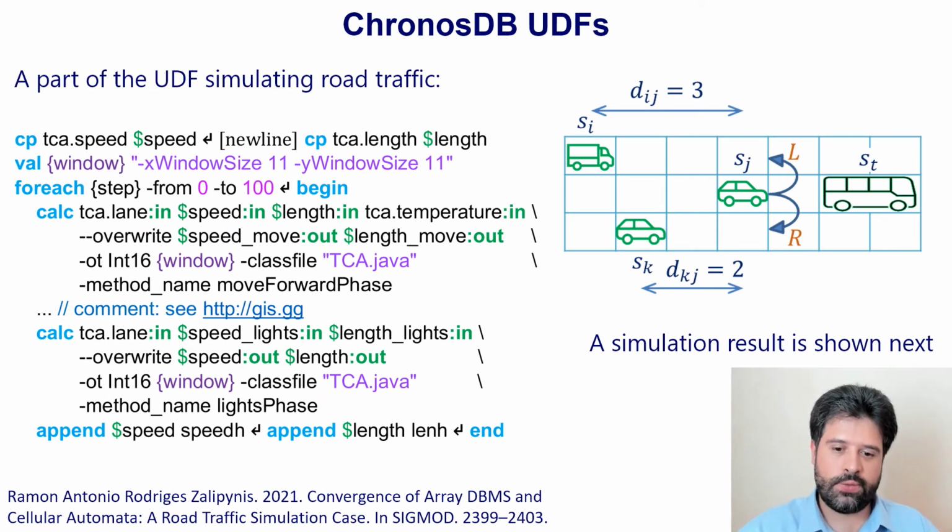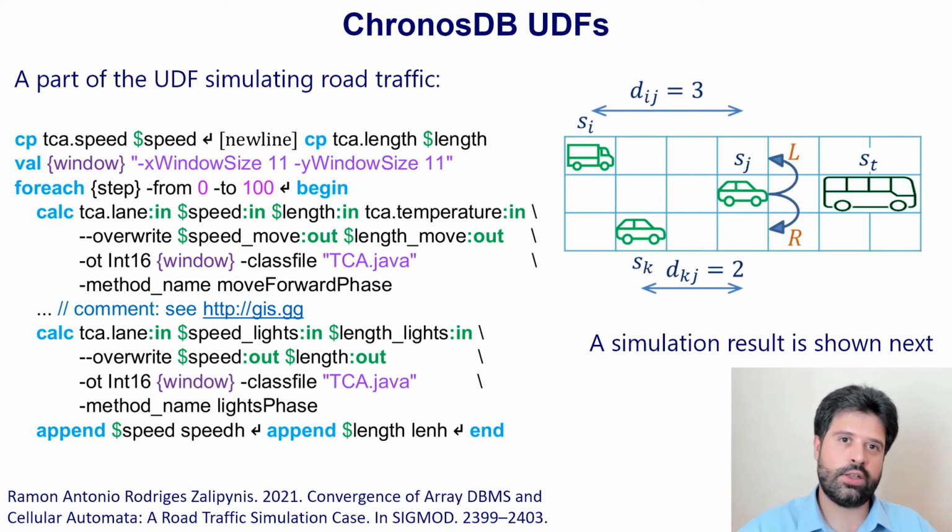ChronosDB provides the first native UDF language for array DBMSs. A part of the UDF you see on this slide encodes the logic for road traffic simulation. The UDF looks small, but is challenging to execute. For instance, the same array name appears several times.